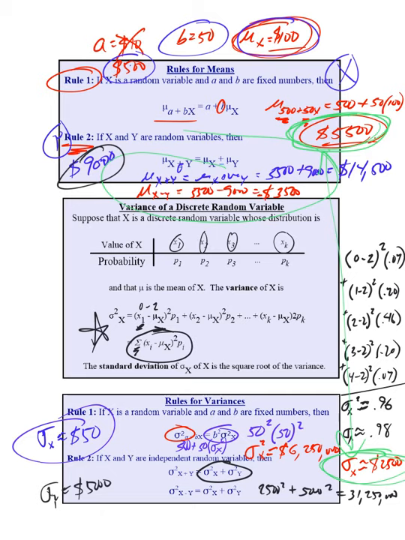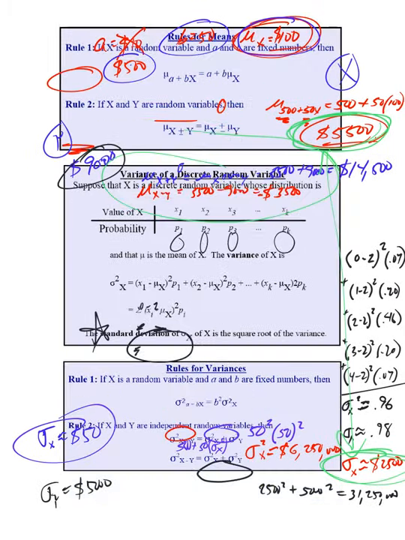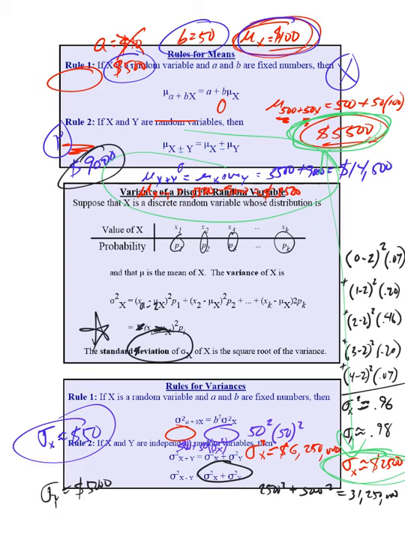So what we are saying here is that the overall variation in the amount of gross revenue that these two hotels make in an evening is about $5,590.